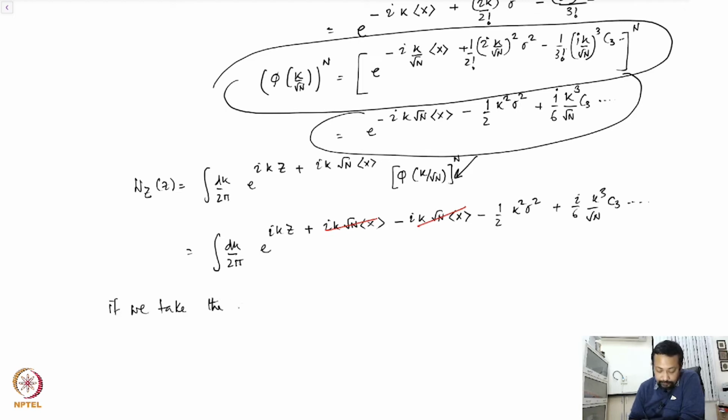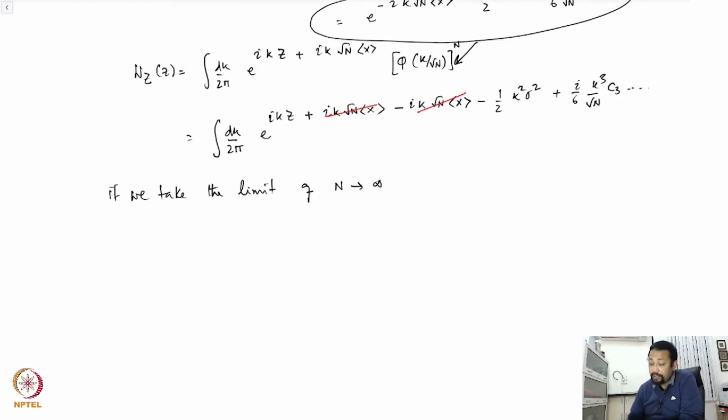Now if we take the limit of n to infinity, which means the number of independent random variables that I started off with is really a large set, then all the other terms vanish because they decay as 1 over square root n, then the next one will be n to the power 3 half, so on and so forth.